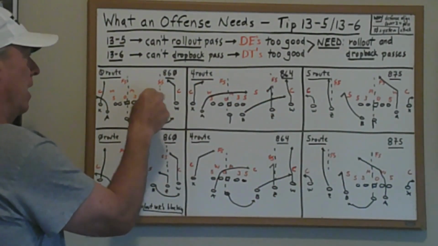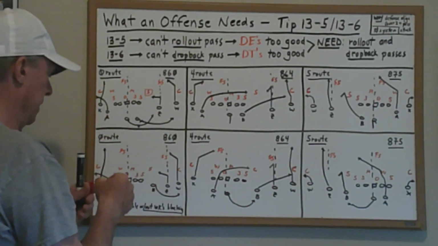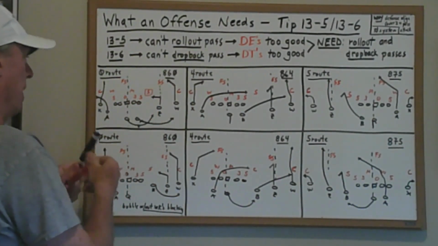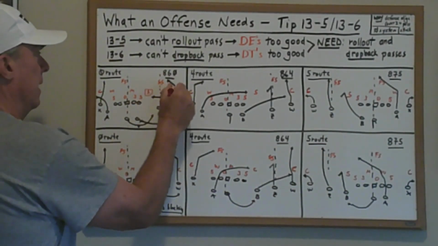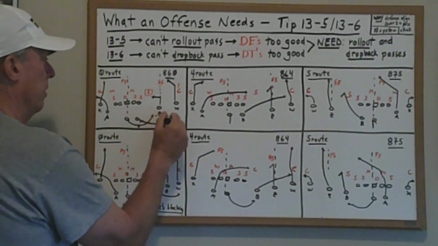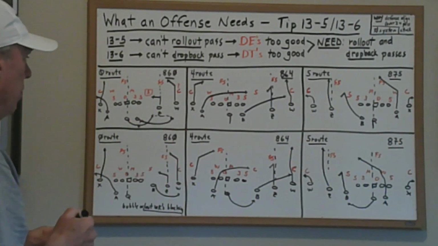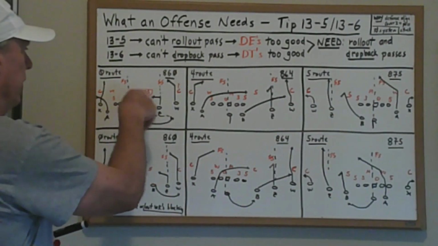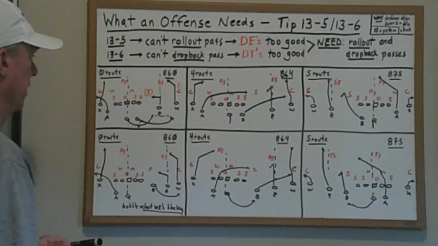He would have enough time to be able to dump it to that Z, okay? If the corner happened to come up, or sink back, and we were rolling out, he could always take it and dump it to the B back on the swing route, who's now outside the perimeter of any of the defenders that might be chasing him.